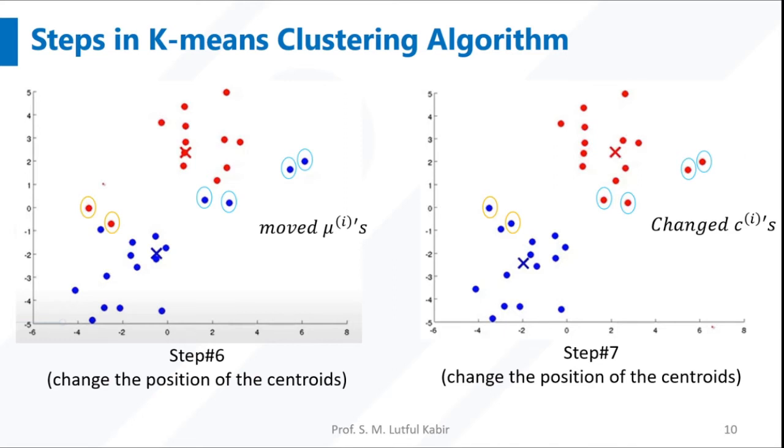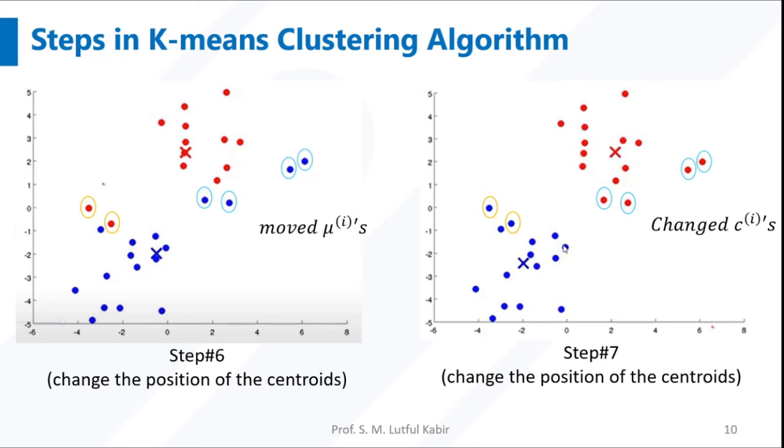If you want to take the average of these points, that will be another step, but after that, the association will not change. You can easily see the close proximity of this centroid with these red data points, and that will not change.